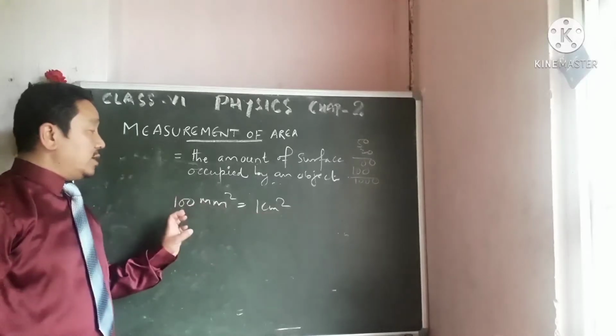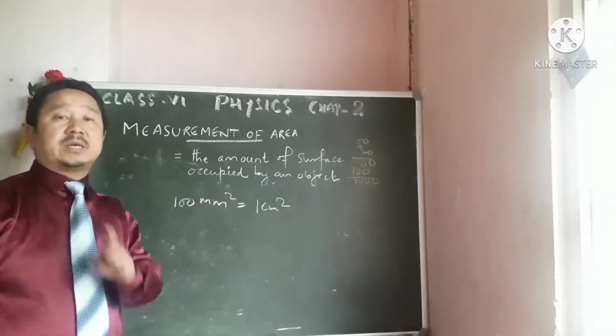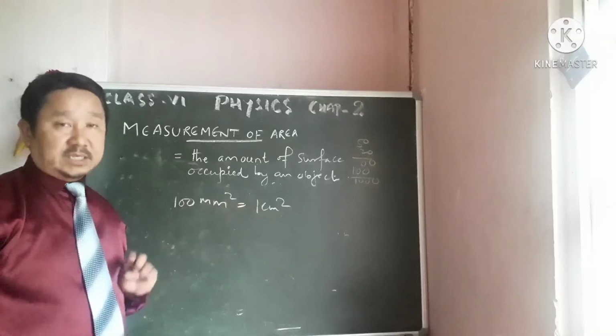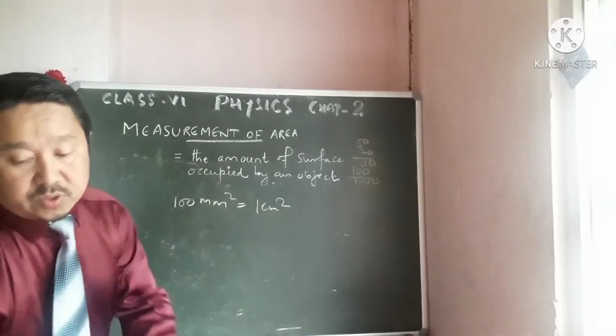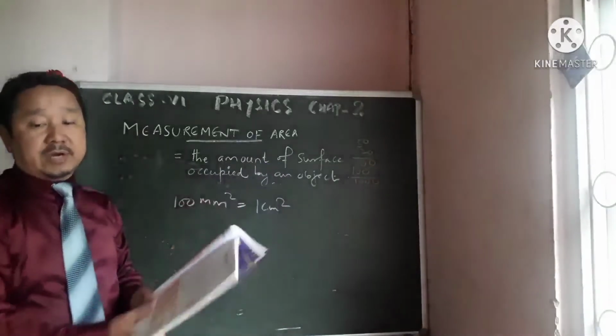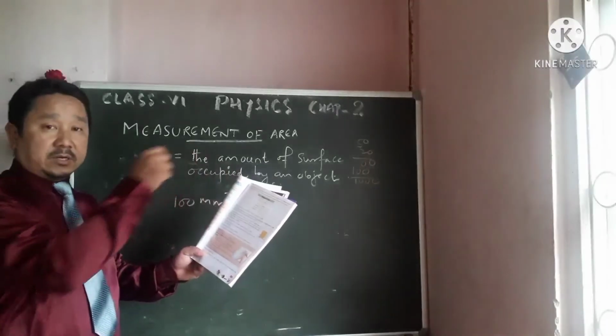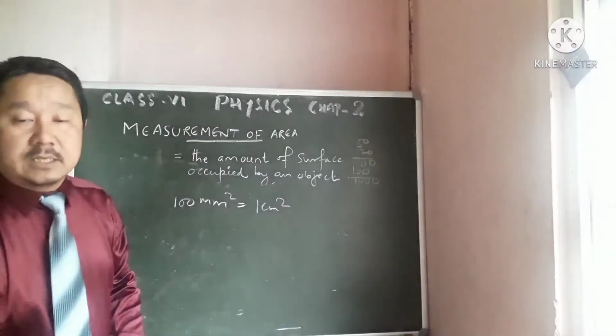That means 100 square millimeter make 1 square centimeter. That's the relation. It is given up to the kilometer. I cannot write all of it, you can just see this. You can copy it in your copy and also learn this.